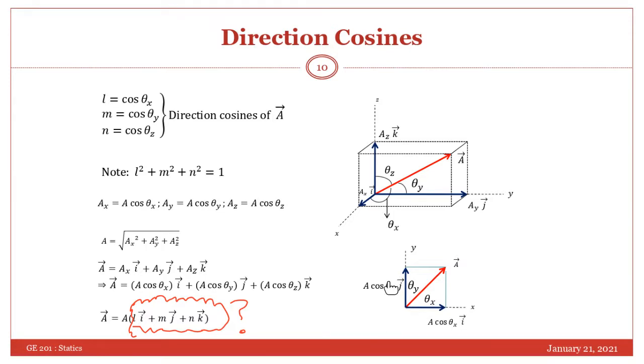Direction vector. Actually, there is no such thing as a direction vector here. If you see, this is basically vector A divided by A. Am I right? This will be equal to l i plus m j plus n k. So this is nothing but your unit vector, because vector A divided by its magnitude is the unit vector.